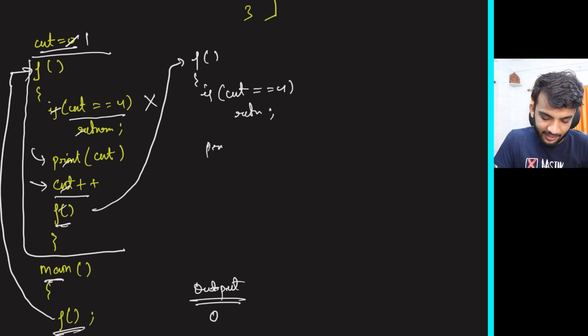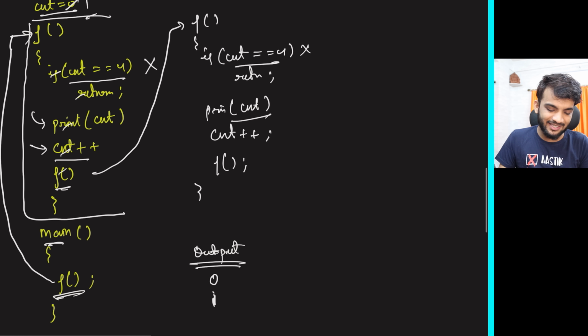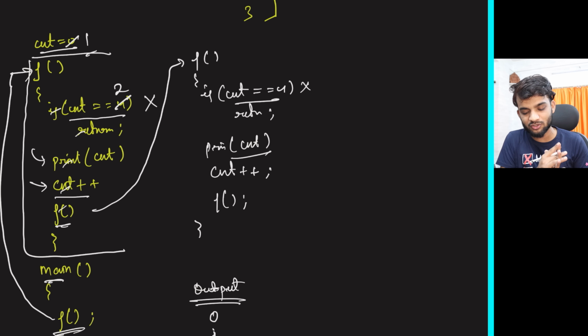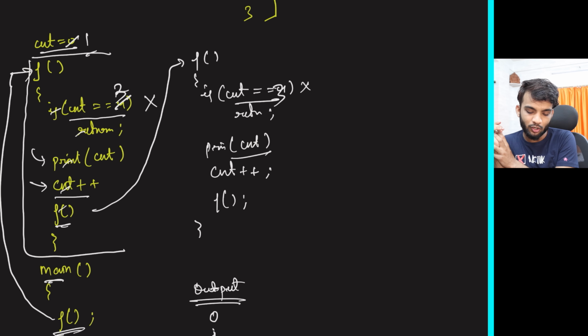Print again the same thing, count, counter plus plus, f. This time is count equal to 4? No. Print count. Count's value is 1. To make things simpler, let's keep the limit as 3 so that we don't have to print a lot of times.